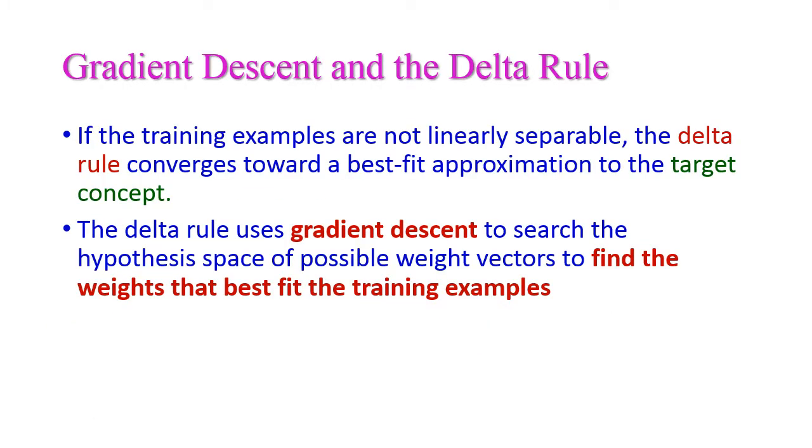The first one is gradient descent and the delta rule. If the training samples are not linearly separable, for example, this is our hypothesis space. This is weight and this is the error rate, or loss.